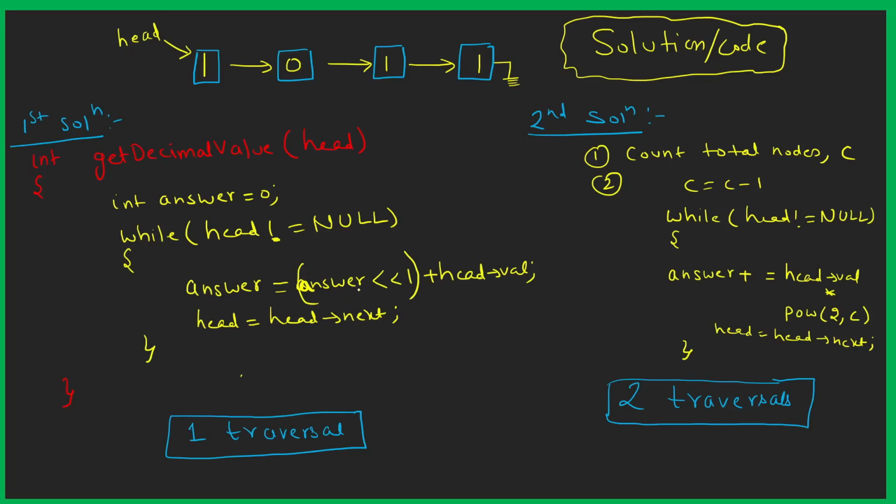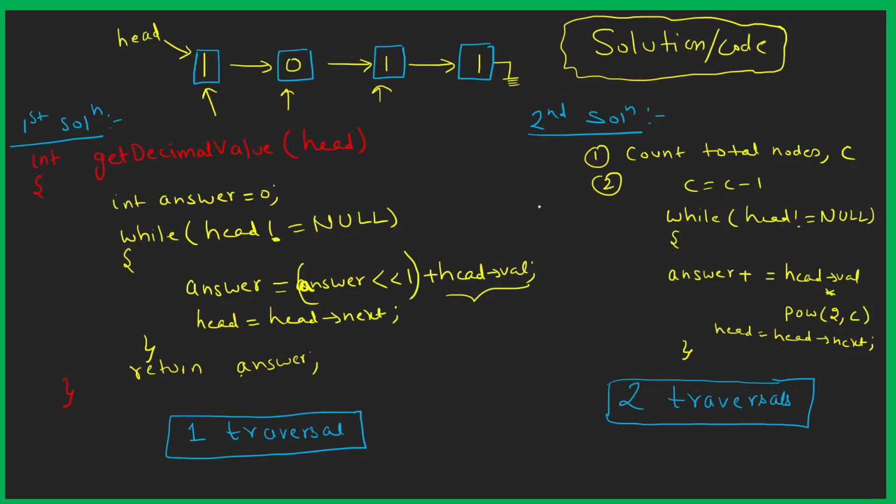So we will just left shift the answer and then we will add the current value, that is head arrow value. Clear? And in each iteration we have to move the head to the next, that is head equal to head arrow next, as we are doing i plus plus in case of array. So here only one traversal is needed and we can find our final answer. So here we can say return answer.